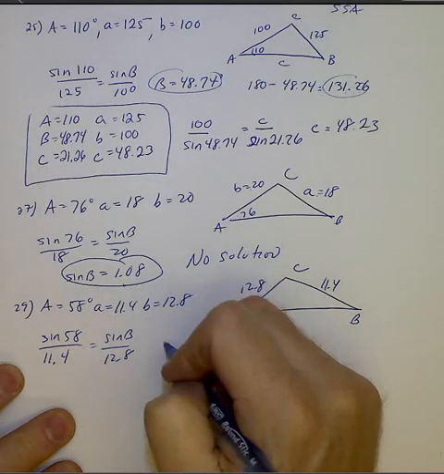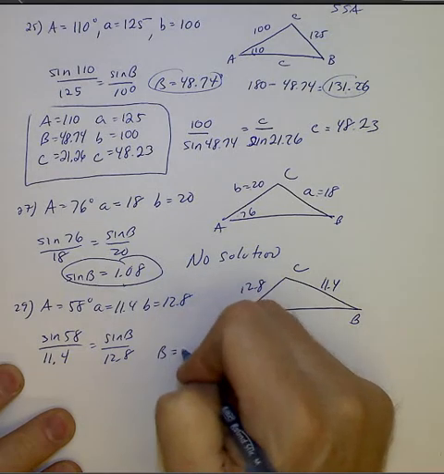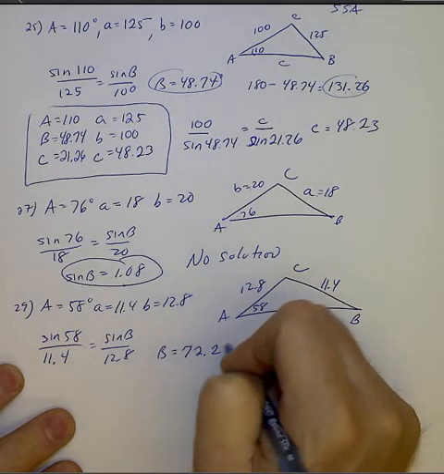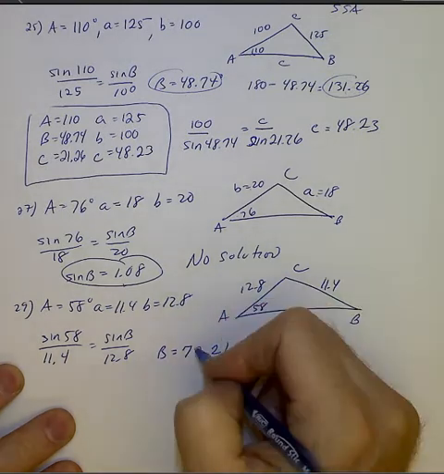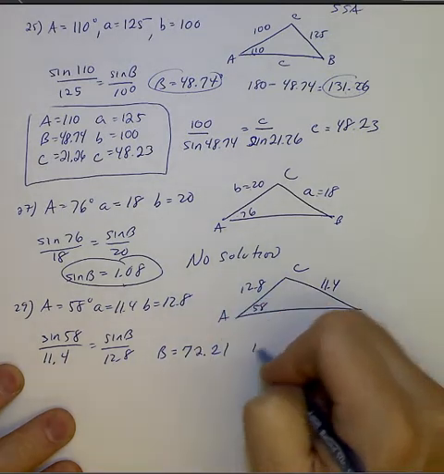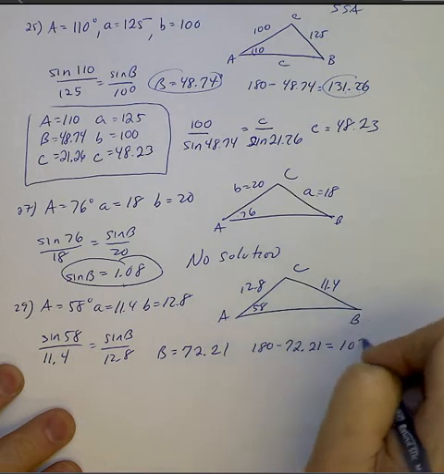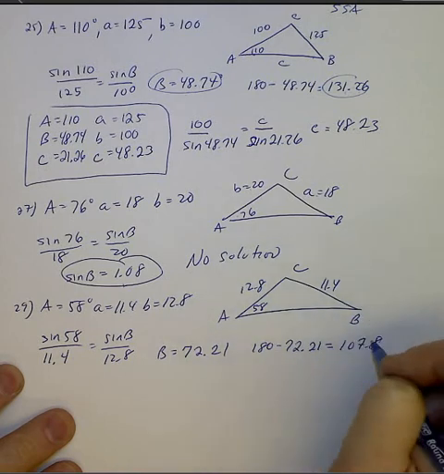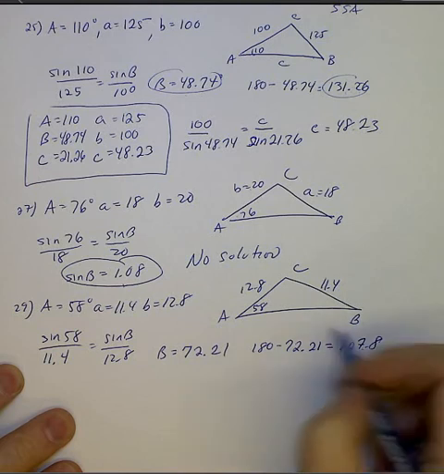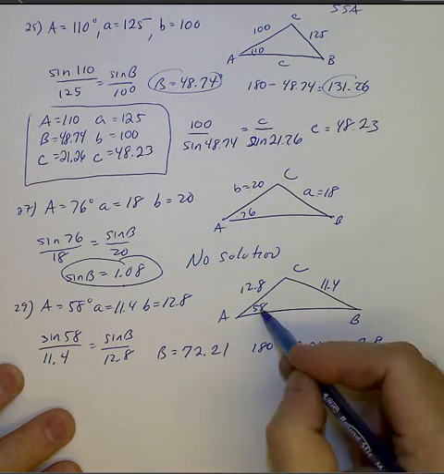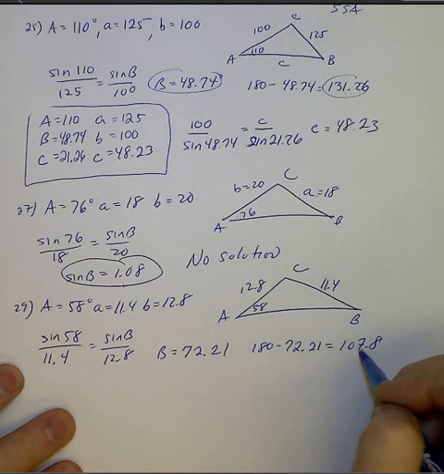Turns out when we solve, we do get a valid angle for b of 72.21. Now let's see if we have one triangle or two. I'll go ahead and subtract 72.21 from 180, and I'll get 107.8. And as it turns out, if I take this 107.8 and add it back to 58, we're less than 180. Therefore, this is also a valid angle.